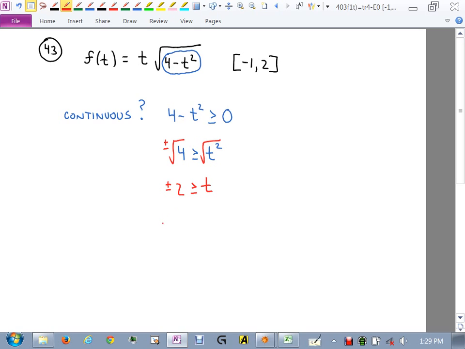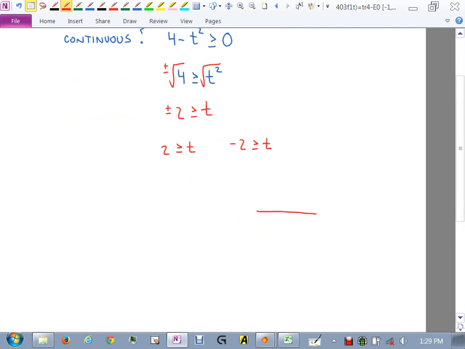Okay, so this is two different statements. 2 is greater than or equal to t, and then the other statement is negative 2 is greater than or equal to t. Is that a correct interpretation of this right here? So if I were to draw a number line, and I put negative 2 here, and I put 2 here, when you say that 2 must be greater than or equal to t, that means that t has to be to the left of 2, right?